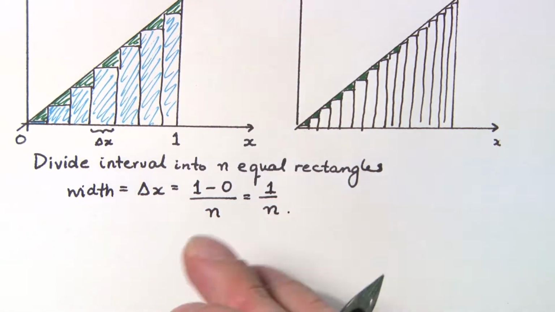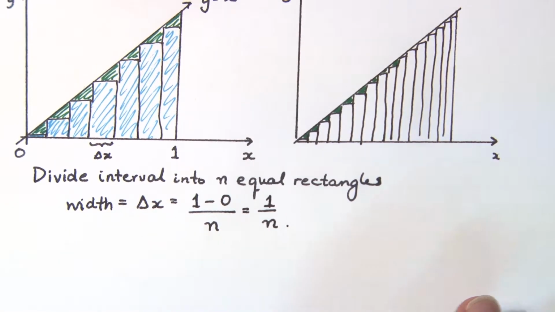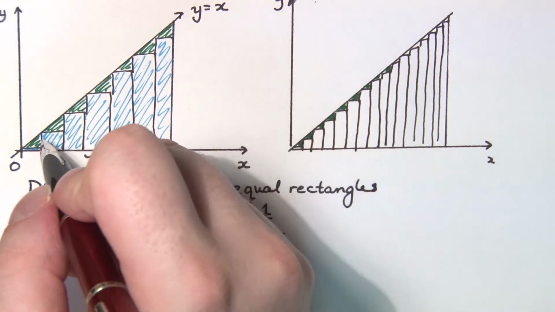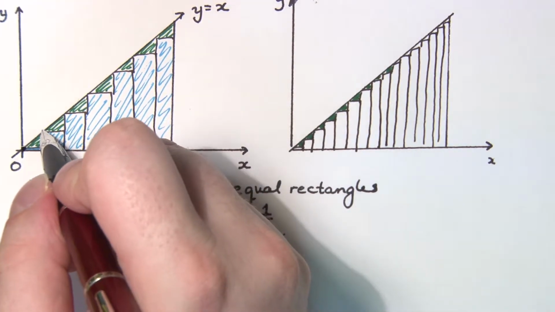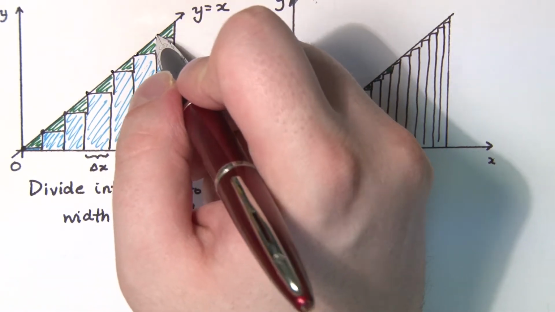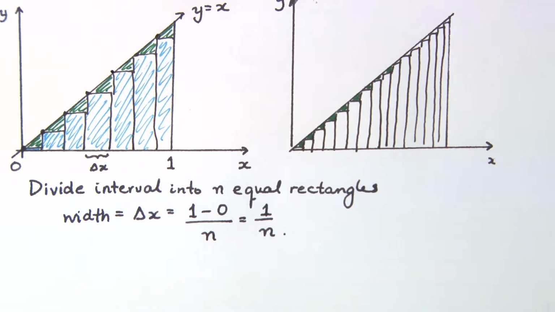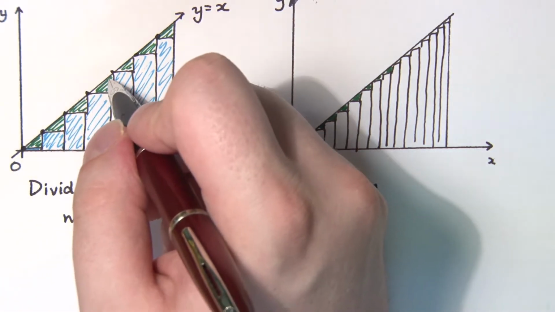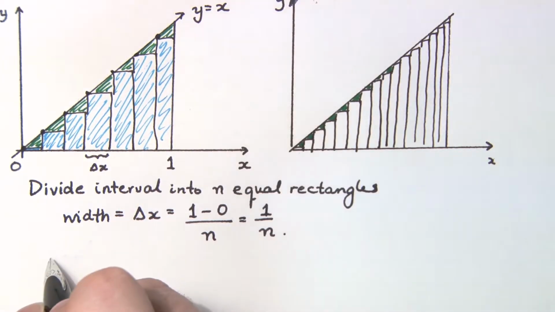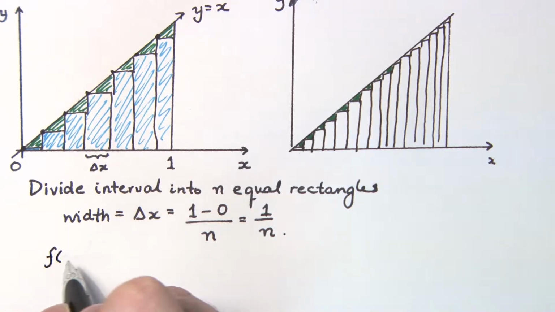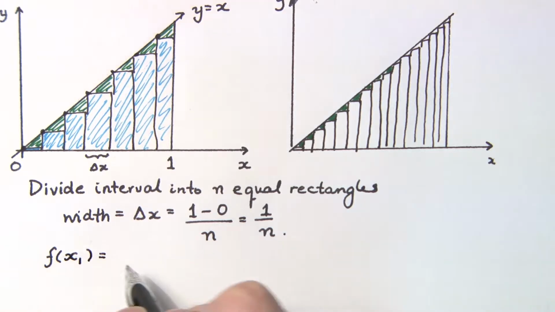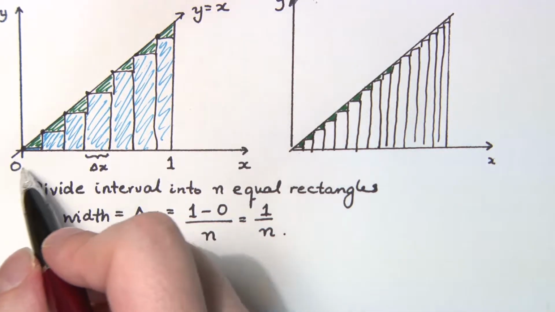Okay. And then what if I wanted to pick a point for the rectangle? Well, here's one point here, here's a second point here, 2, 3, 4, all the way up to the nth rectangle. So there would be 1, 2, 3, all the way up to n many rectangles. So if I wanted, say, f at my first point, say x1, well, that would be right at the very beginning.